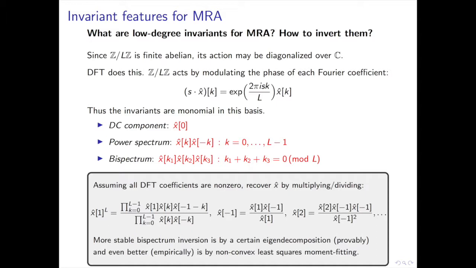But this is actually because they generate the fraction field, right? Yes. But we can see it super explicitly. Assuming all of the DFT coefficients are non-zero, here's how you get back x hat if you knew the values of these invariants exactly. You multiply a bunch of the cubic invariants, and then you divide by several quadratic invariants, and this recovers x hat of 1 to the nth power.